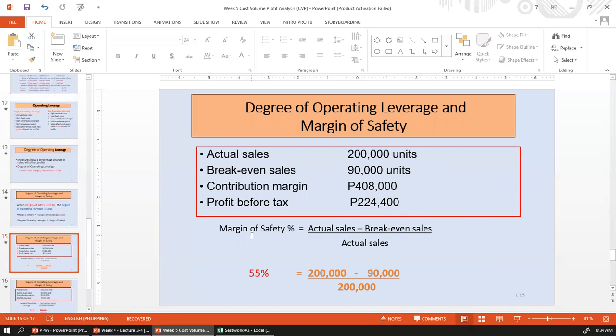So margin of safety percentage is equal to actual sales minus break-even sales divided by your actual sales. So in this case, let's apply the figures. 200,000 minus 90,000 divided by your actual sales of 200,000, and your margin of safety percentage is 55%.